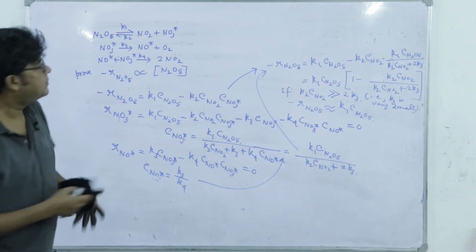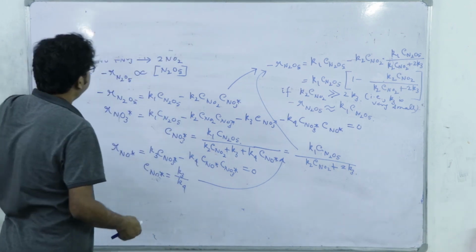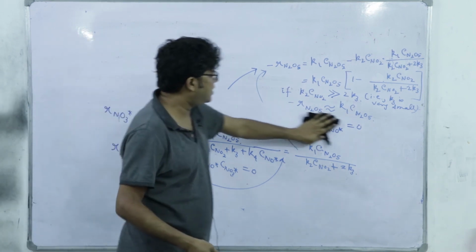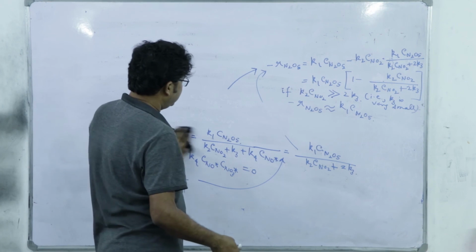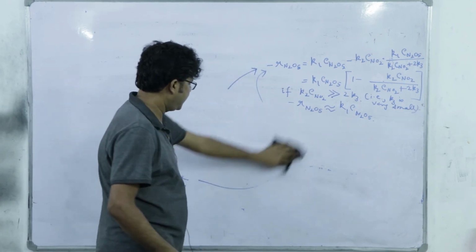So, lastly, this is a typical example by which we can derive the rate equation if we are provided with a reaction mechanism.